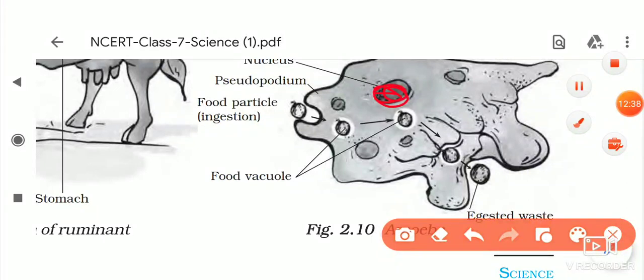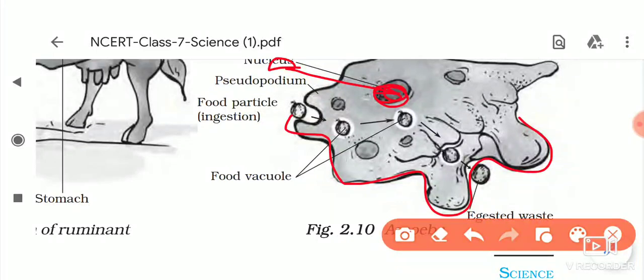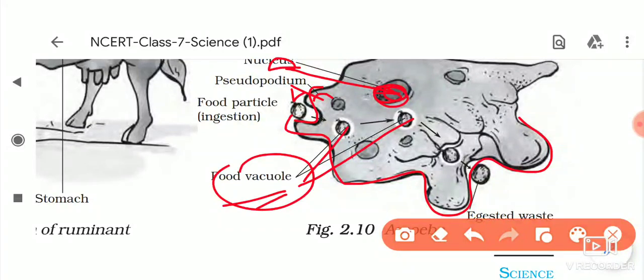These are the false feet, called pseudopodia, and it has vacuoles in which the food is digested.